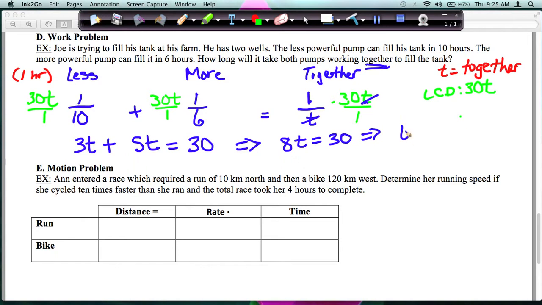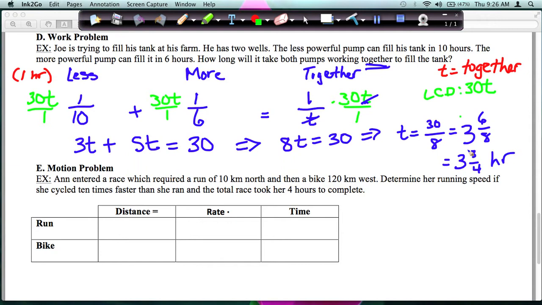Divide both sides by 8, and I get 30 over 8. And because this is a word problem, I like to not leave it as an improper fraction. So you could do a decimal, or 8 goes into 30 3 times, right, with a remainder of 6. So 3 and 6/8, I need to reduce by dividing by 2, and I get 3 3/4 of an hour.